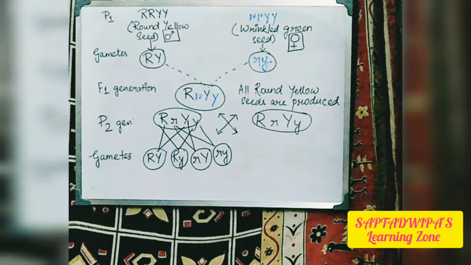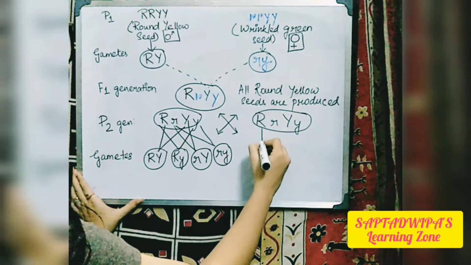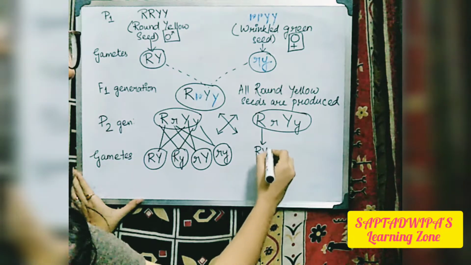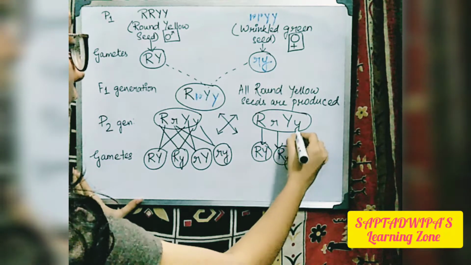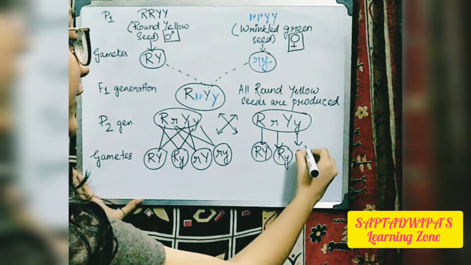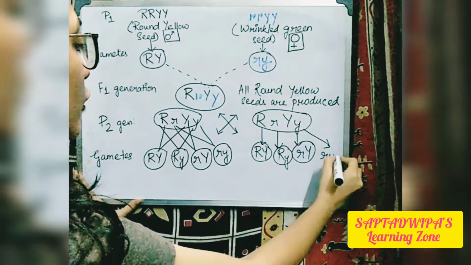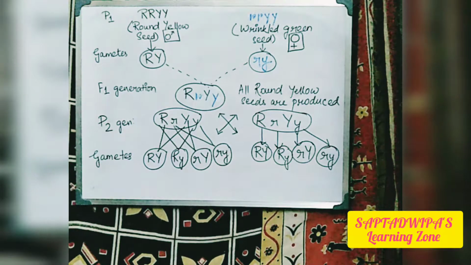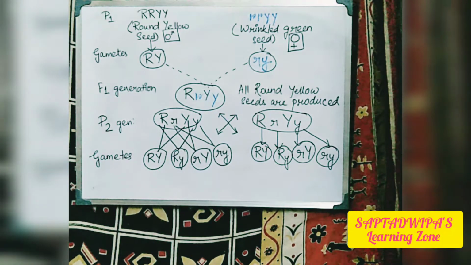Coming to the next one, when we do it, it will also produce capital R, capital Y, then capital R, small y, then small r, capital Y, and small r, small y. Just like this, it will be producing this too. So these are the gametes which are getting produced.